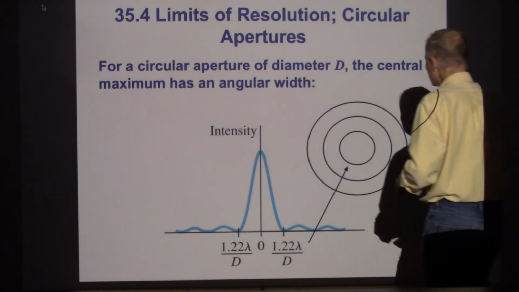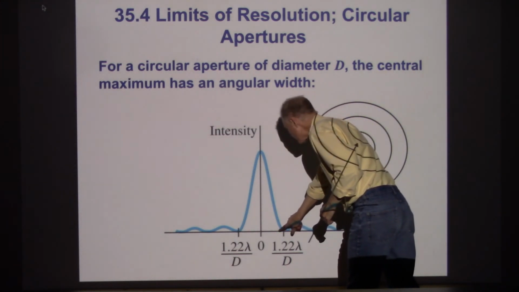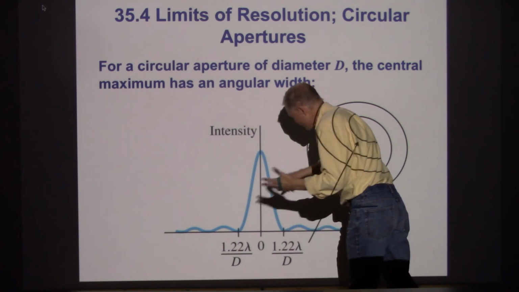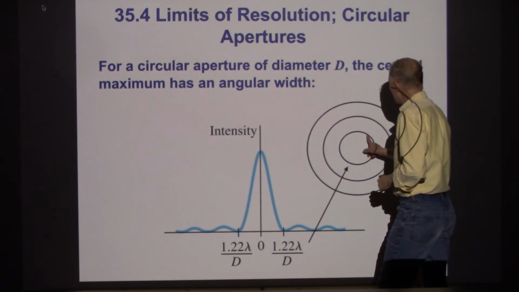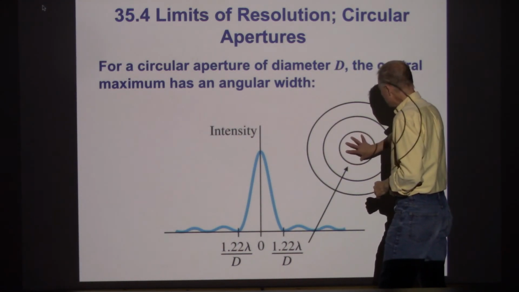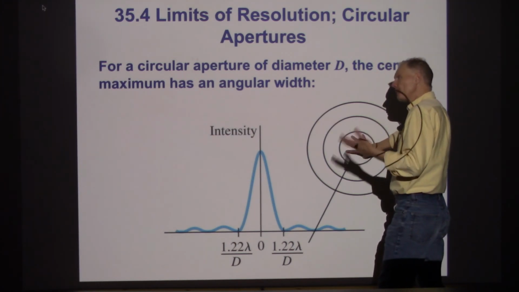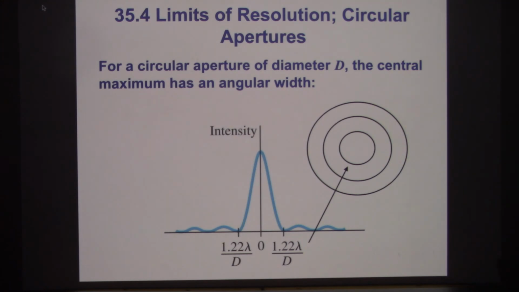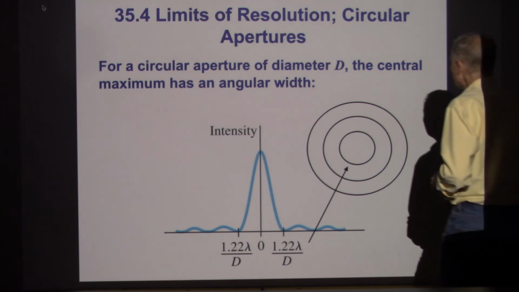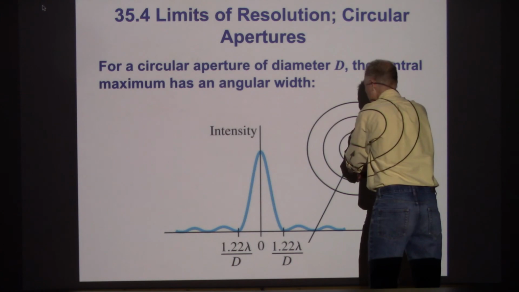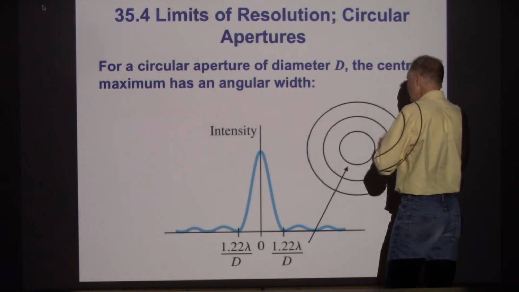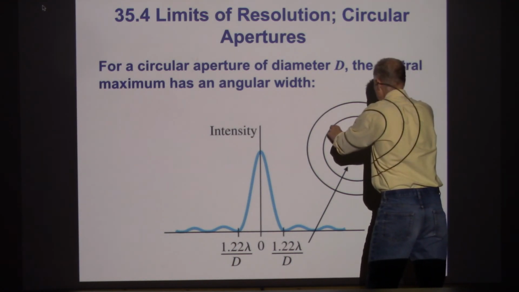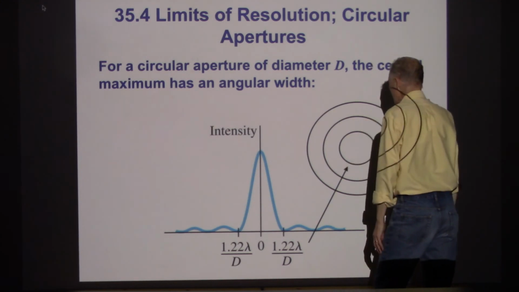So if this is m equals 1, then the central peak is circular. So what we're going to see on the screen is a circular intensity peak, and then there's a 0 surrounding it where the intensity goes to 0.